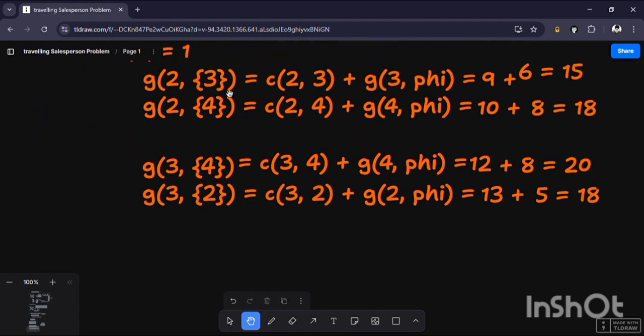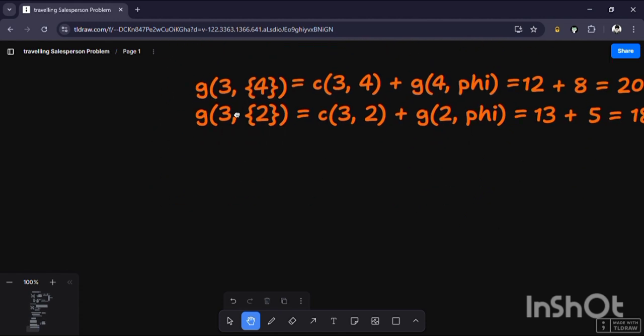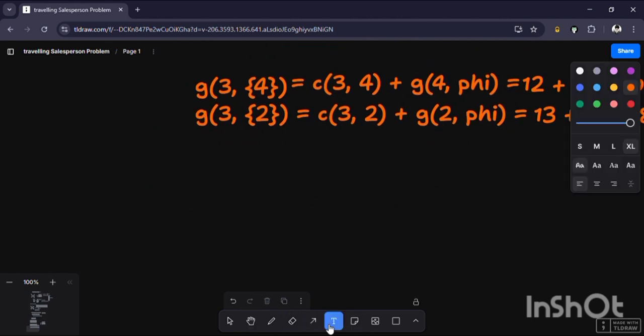Now for 2 is done, for 3 is done. Now what do I have? 2, 3 and I have 4. g of 4 comma, from 4 I can go to 3, and next for g of 4 comma 2.